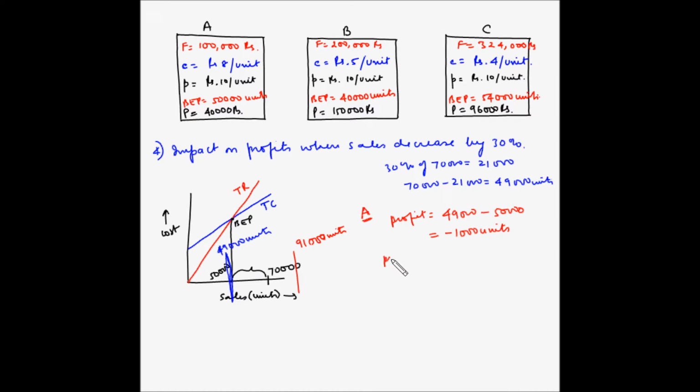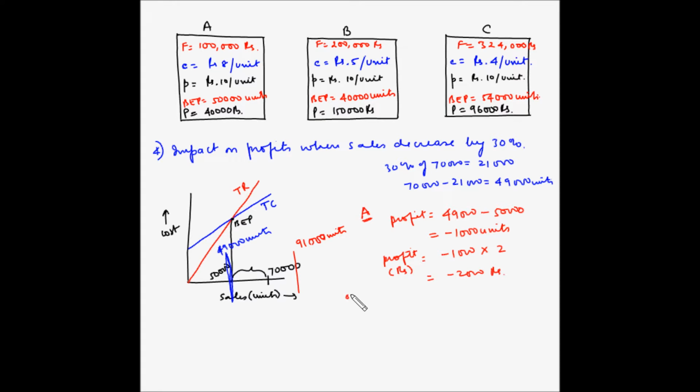Let's find it out in terms of rupees. So minus 1000 multiplied by the difference between the selling price and the cost price, which is 2. So this is minus 2000 rupees.